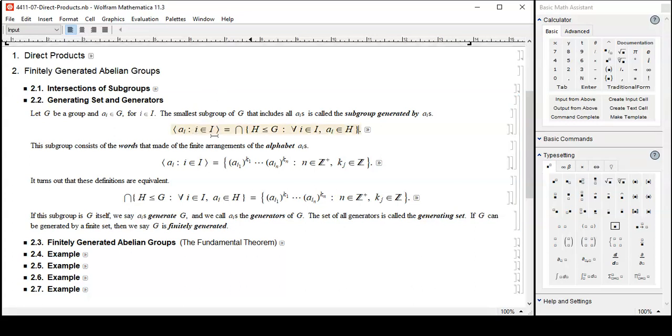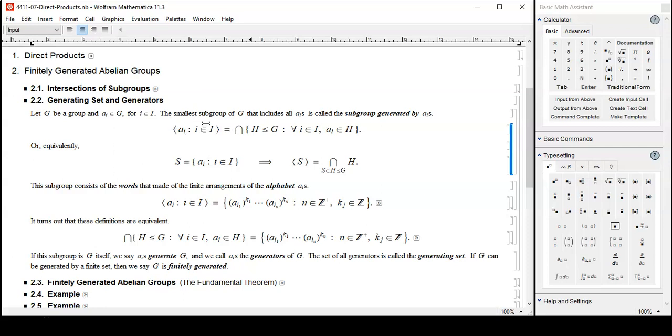If we had just one element here, then it is a cyclic subgroup generated by that one element. But here we are considering two or more, possibly infinitely many. And we use the intersection here, so the existence and uniqueness is always guaranteed. We established that already.